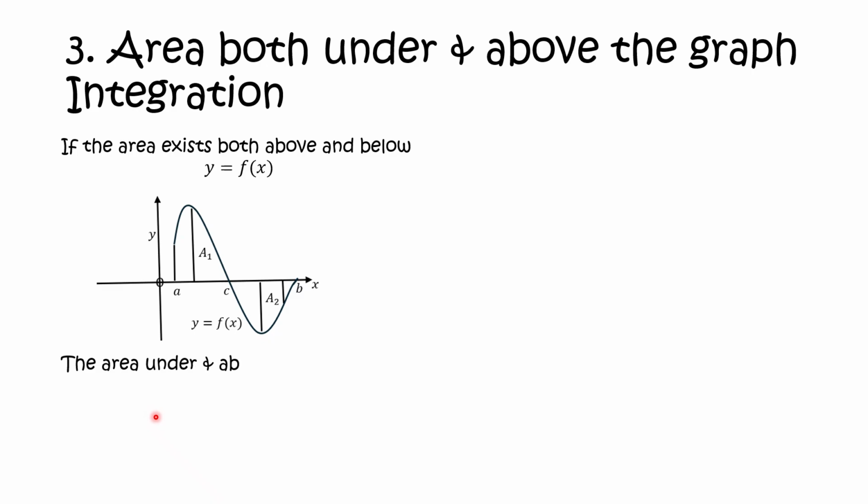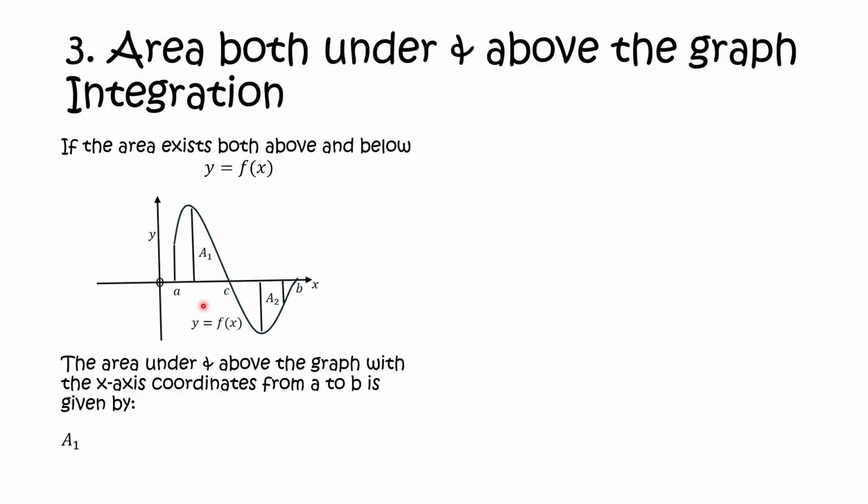With such a situation, we would separate the areas into two parts, part 1 and part 2. We focus on the one that is above the x-axis as a separate part, and the one that is below the x-axis as the other part. Why?